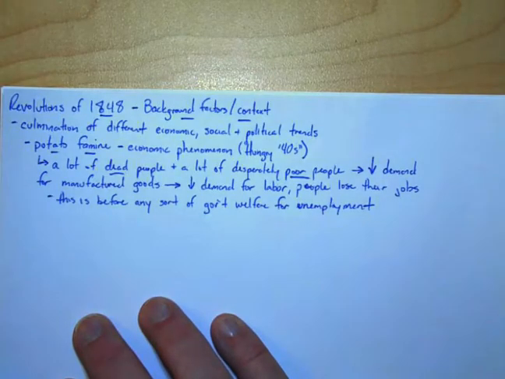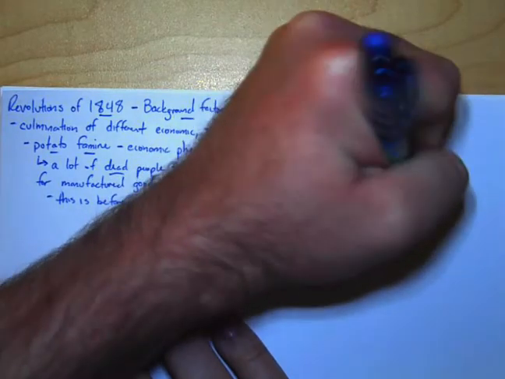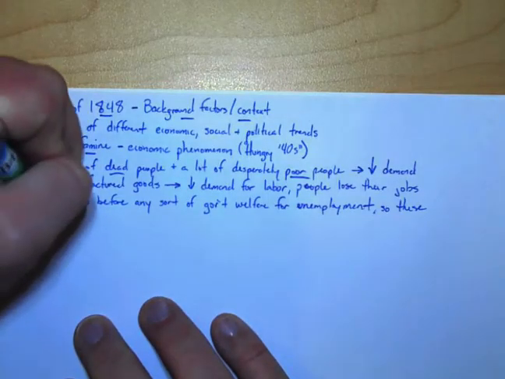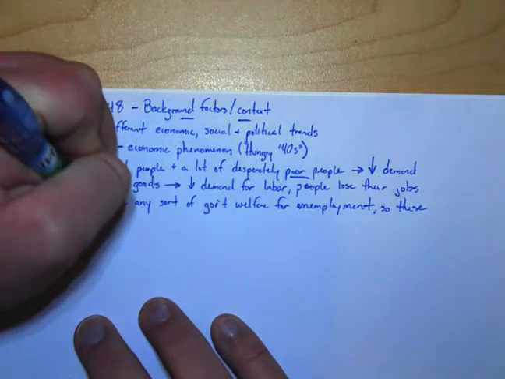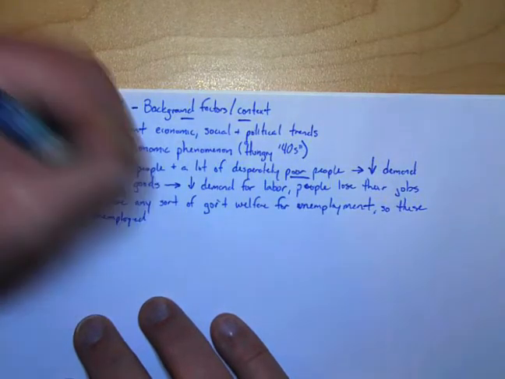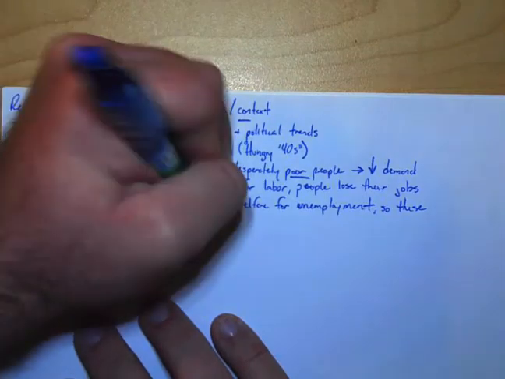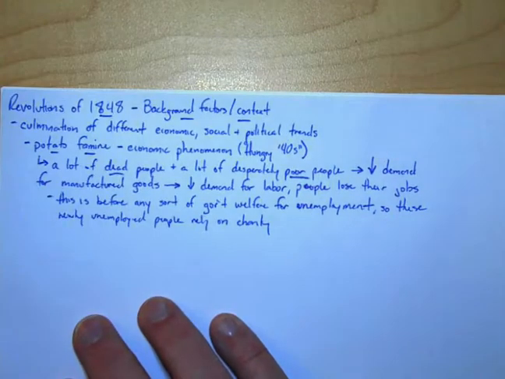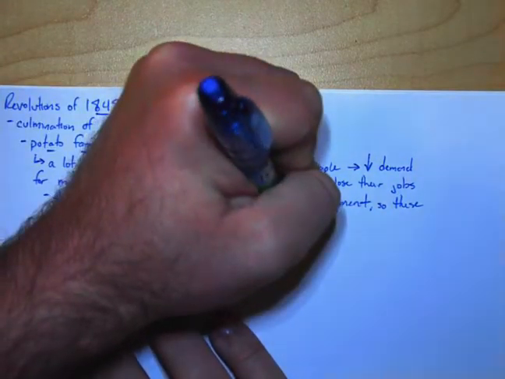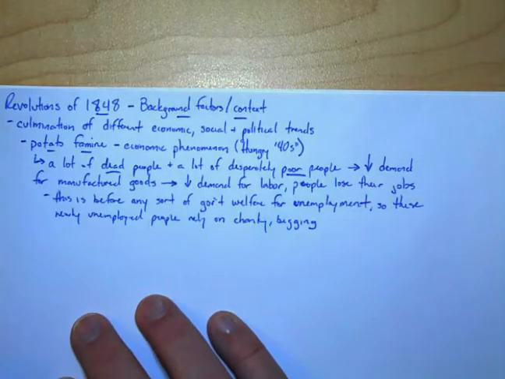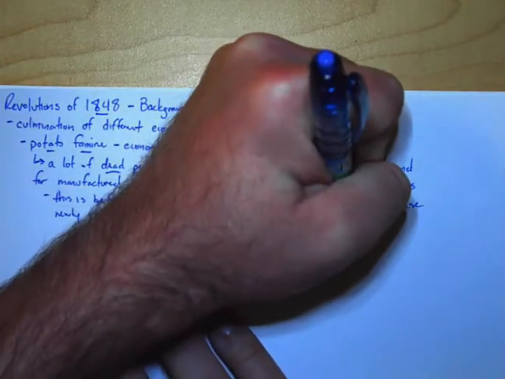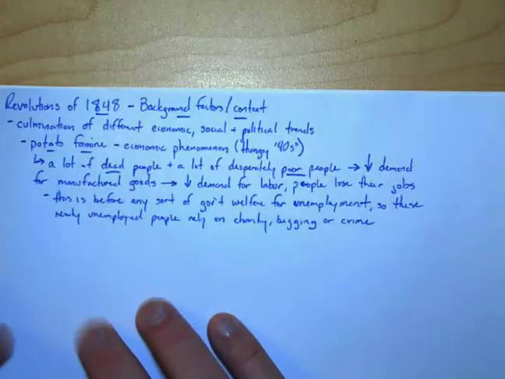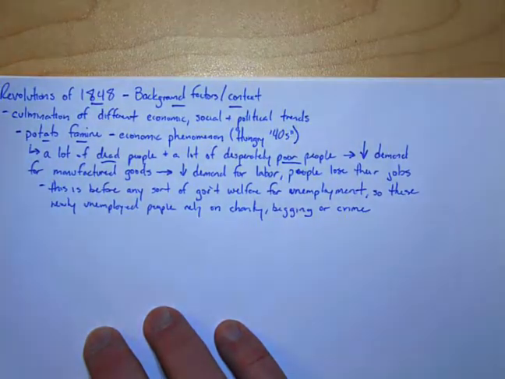So these newly unemployed people rely on charity or begging, or some even resort to crime. But this is a bad time to be poor because there's not a whole lot of help to be had.